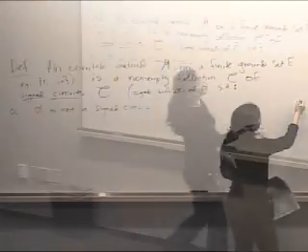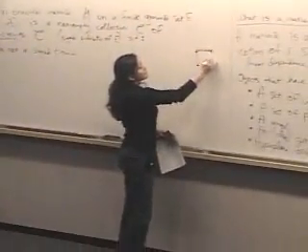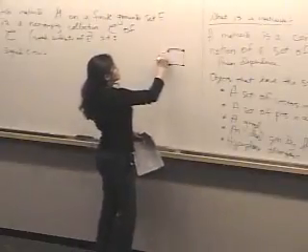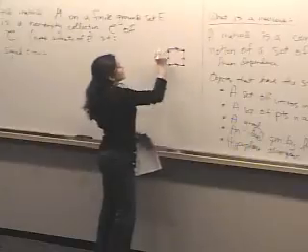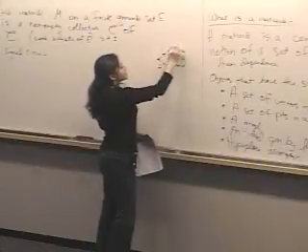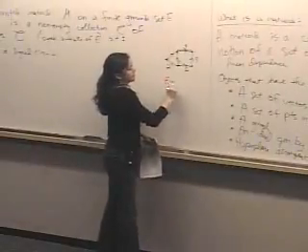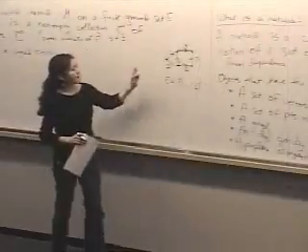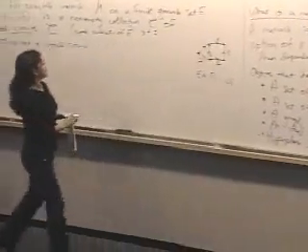So let me draw a picture of a graph to go along with this definition. So we want this to be a directed graph, and I'll label the edges. So in this example, the ground set is just the set 1 through 6, and the circuits are going to be directed cycles in this graph, minimal directed cycles.